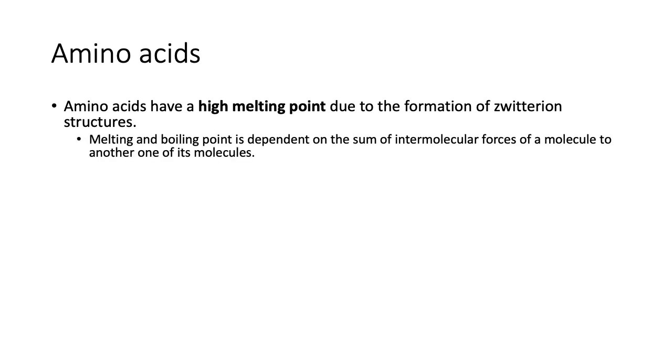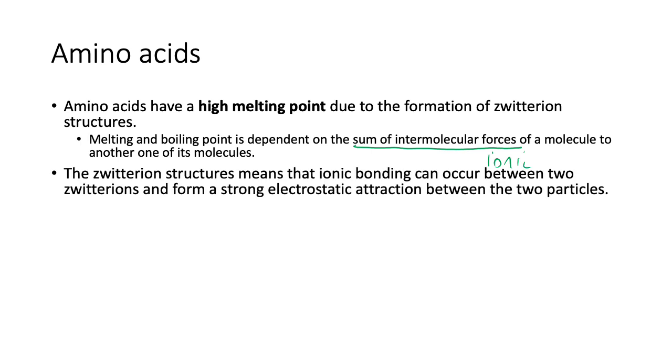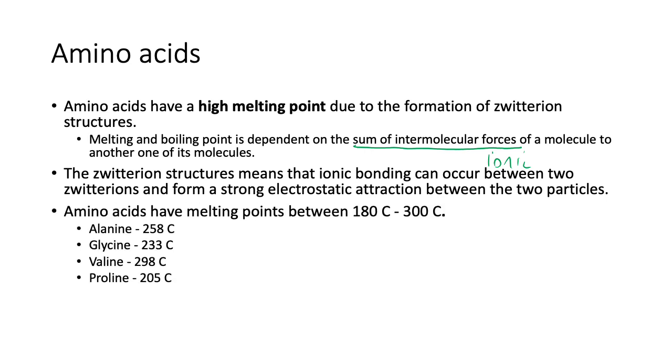Remember, it's due to the sum of the intermolecular forces, and the intermolecular forces in this case are ionic bonds, which makes them very high. Ionic bonding means strong electrostatic attraction between the two particles, which means that amino acids, for their size, have ridiculously high melting and boiling points.